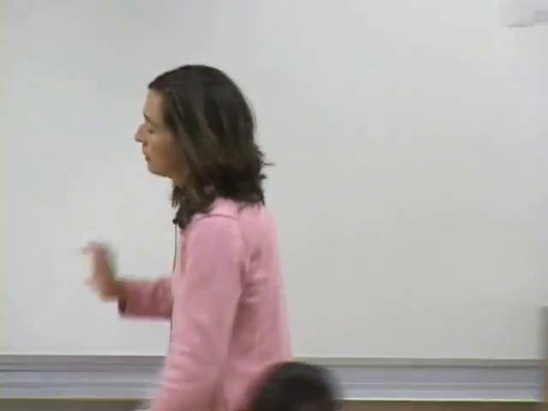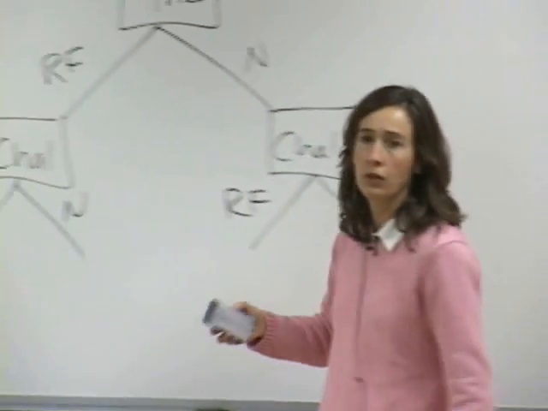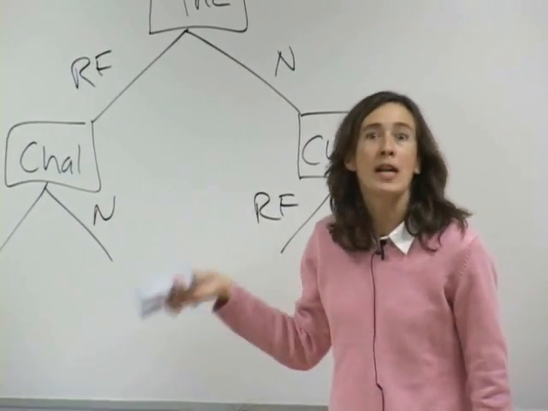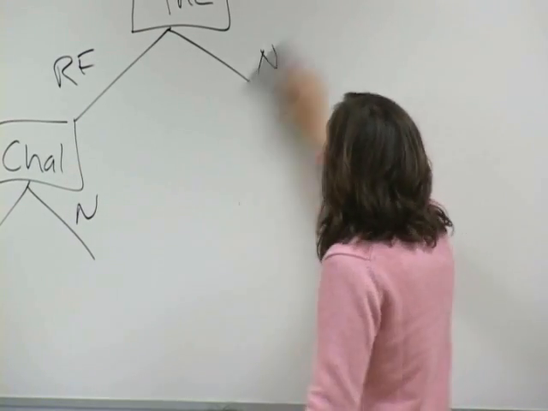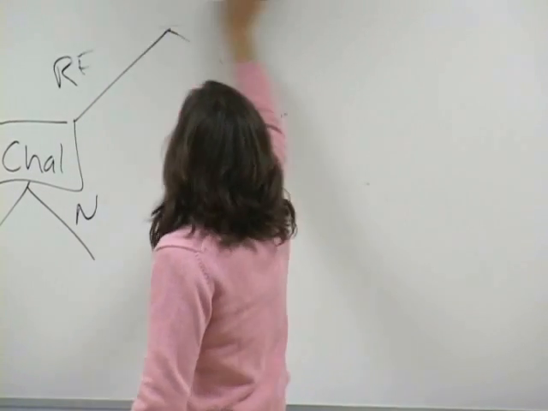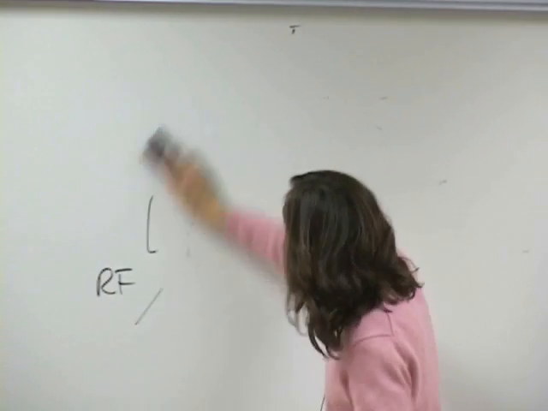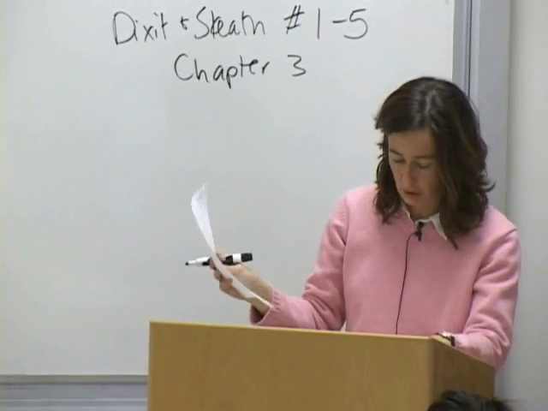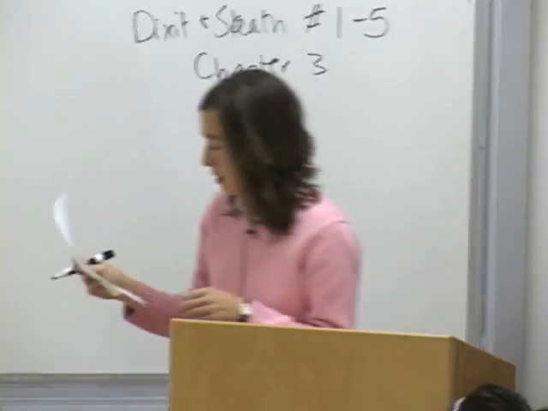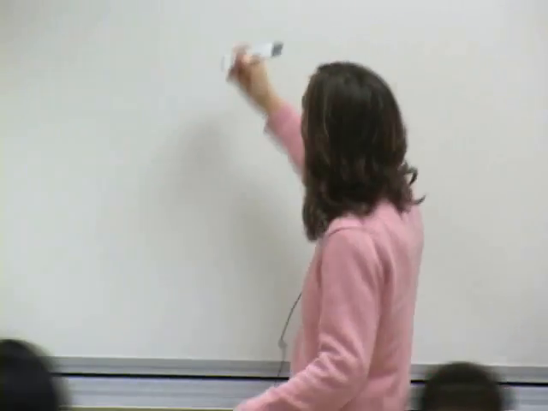So, still not done with this. I want to go back to that boring game that I put up on the board at the end of class Tuesday, the fascinating choice of left, middle, and right. So let's put that game back up and talk about those strategies for a moment.